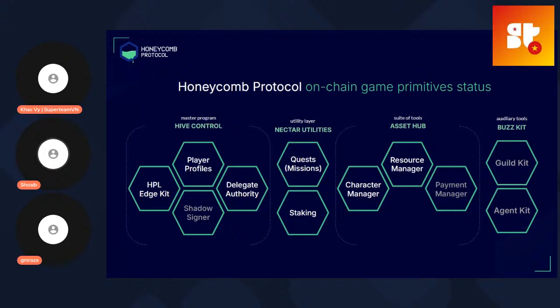And one of the most powerful features Honeycomb offers you is delegate authority, right? Delegate authority is basically, as the person who creates the project, you have complete authority of the project. Everything you see here, you can make changes to, you can create, you can delete, but you might not want to micromanage every aspect of your project. So that's why you delegate parts of your project to a different key or a different user, an employee, maybe a programmable wallet, right?